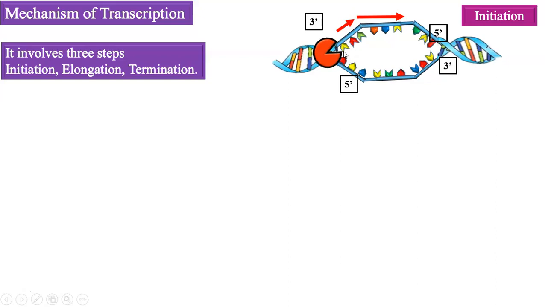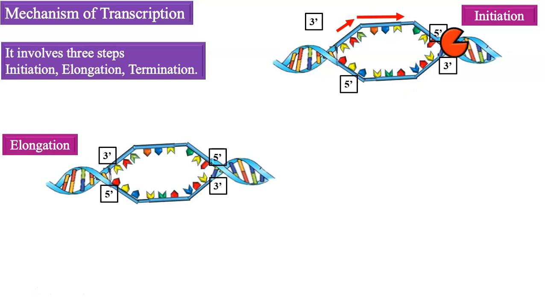The RNA polymerase then moves along the DNA and that causes the local unwinding of the DNA into two separate strands in the region of the structural gene. So this way RNA polymerase moves along the template strand and the two strands separate. And then the next step occurs, that is elongation.